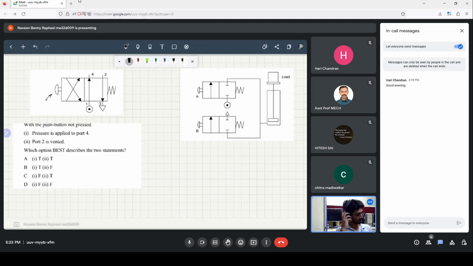Okay, so if the push button is not pressed, let's consider what happens. This is the region you have to look after. Remember that this symbol represents the source, and this symbol represents the exhaust. I'll write this more neatly.